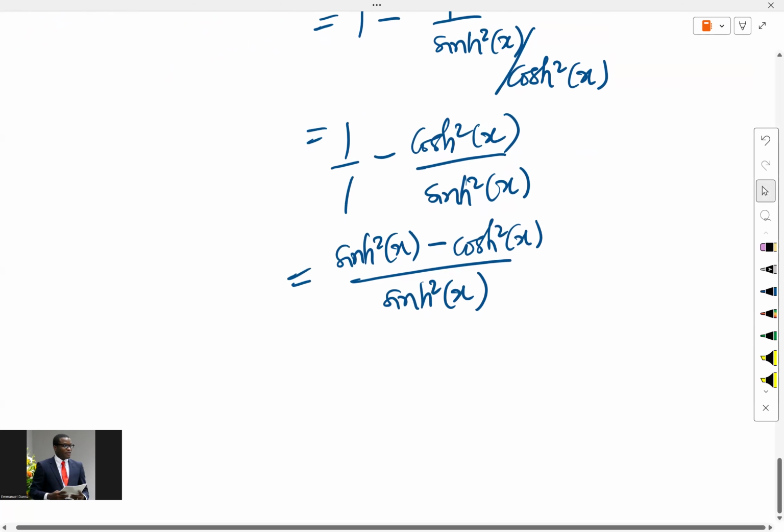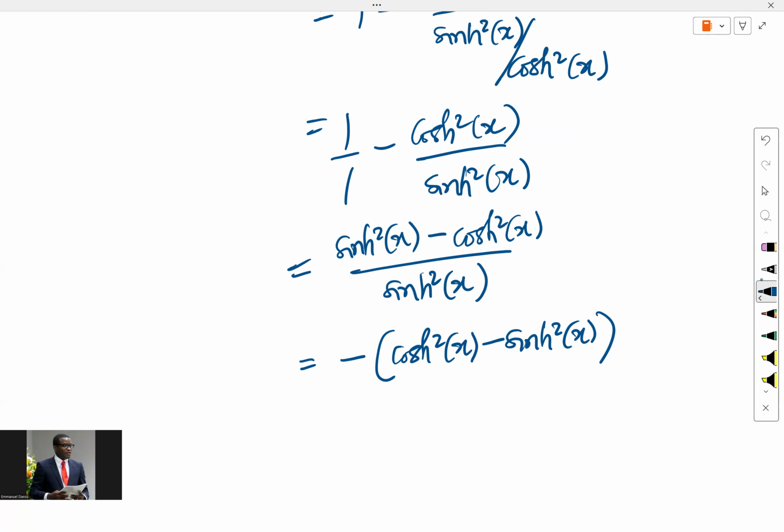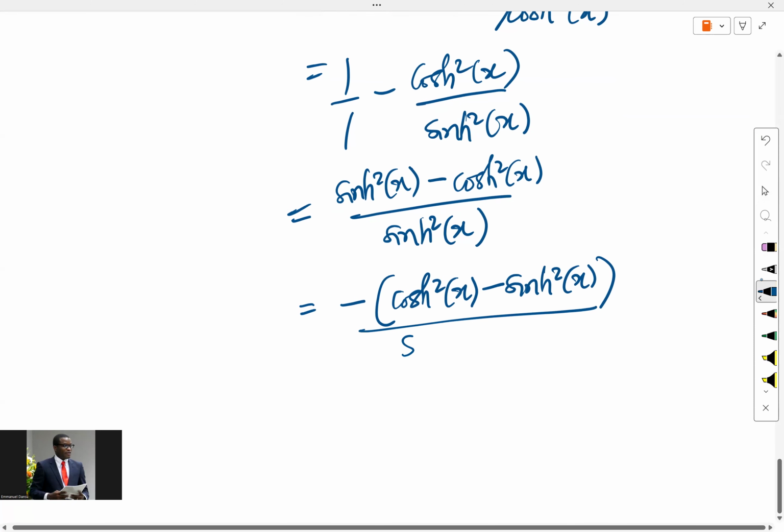So if we factorize, if we take the minus out, this can turn to cosh squared x minus sinh squared x. You understand? So 1 minus cosh is 2 minus and minus, that's plus, so that's fine. And then we have sinh squared x.